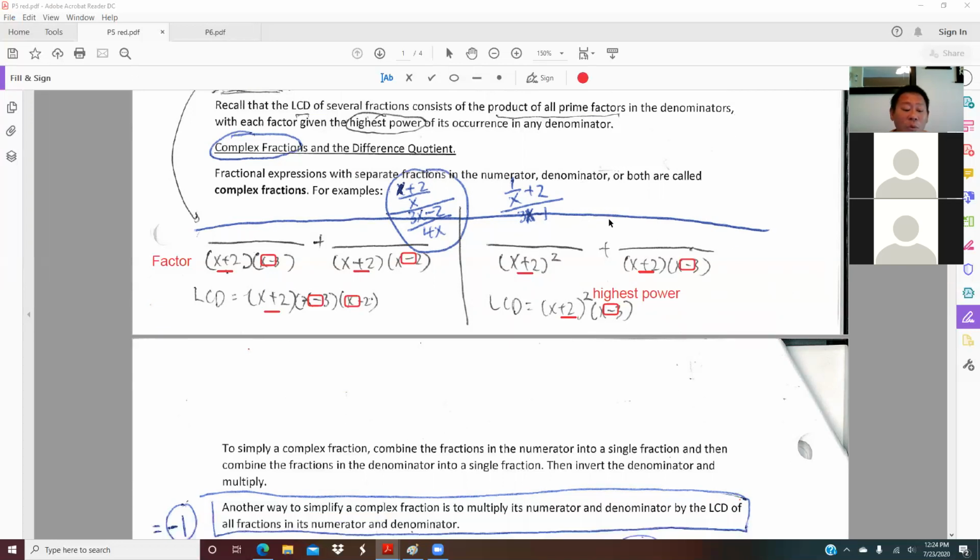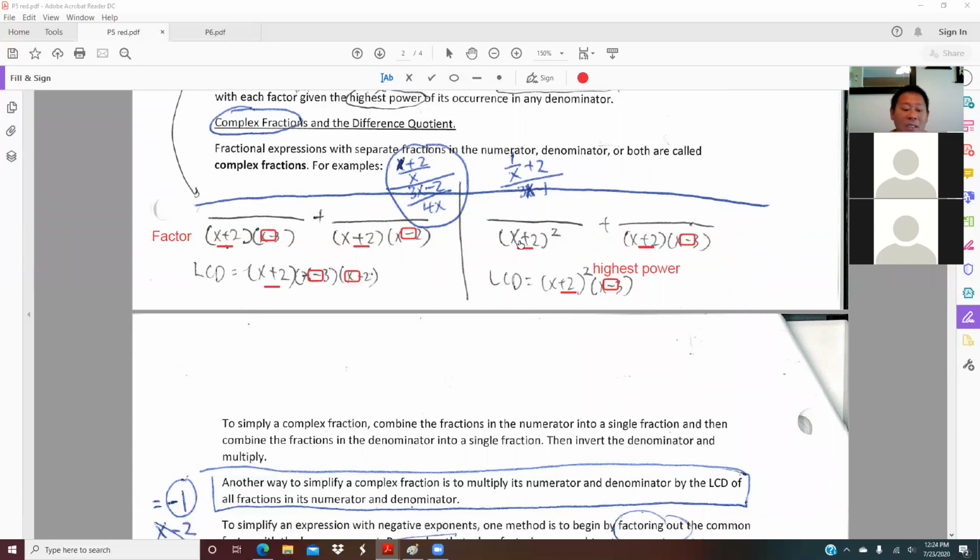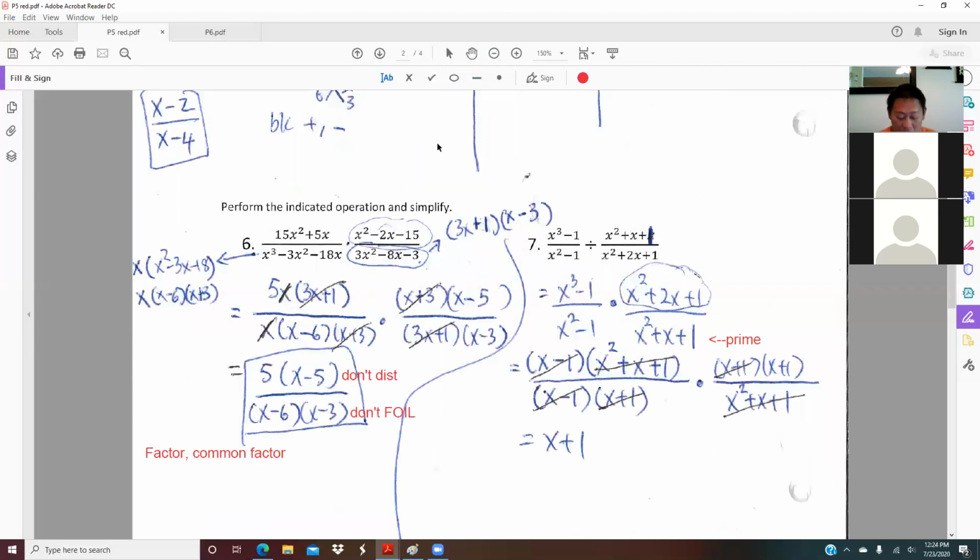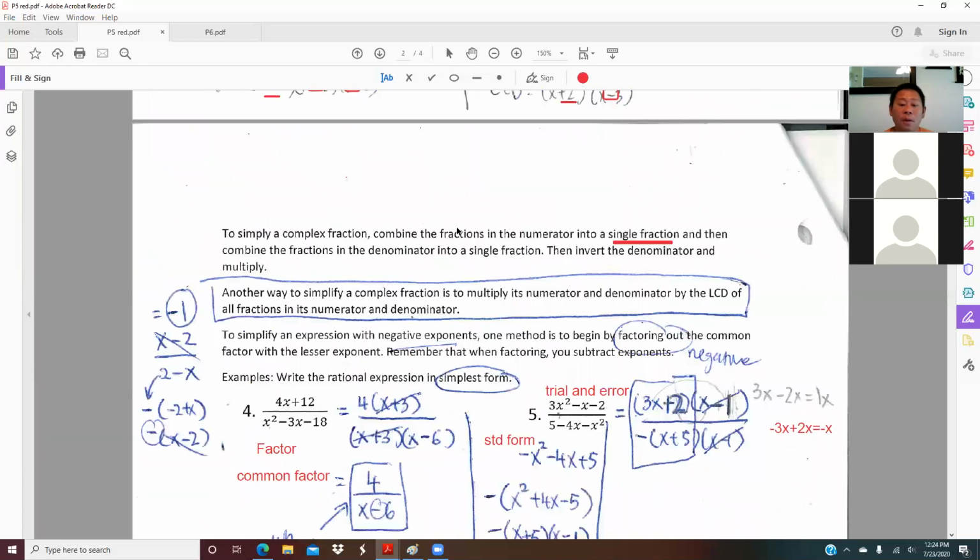So how do we simplify a complex fraction? This is how we simplify it: make this a single fraction. Okay. What is a single fraction? A single fraction will look something like this. This is what we call a single fraction, where is my, sorry, where did it go?